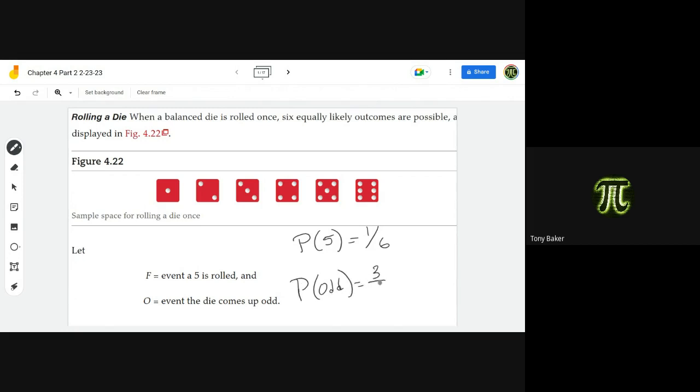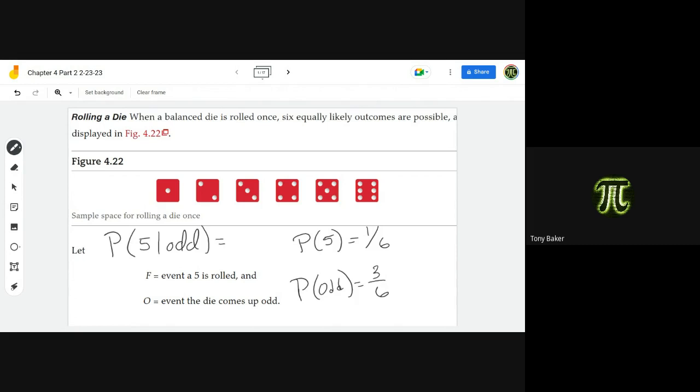Yeah, 3 out of 6, or 1 half. All right. I'm going to write this. What's the probability of a 5 coming up given that I've already got an odd number? Very good.